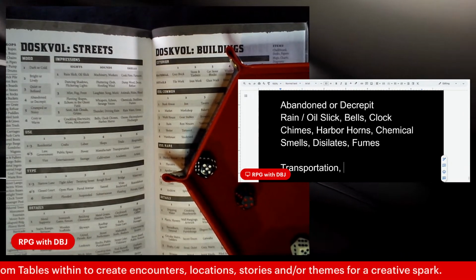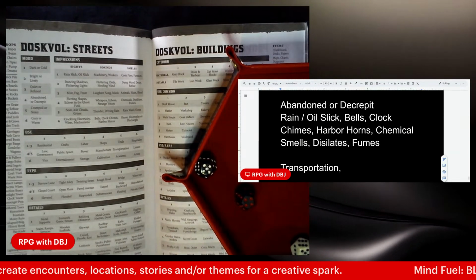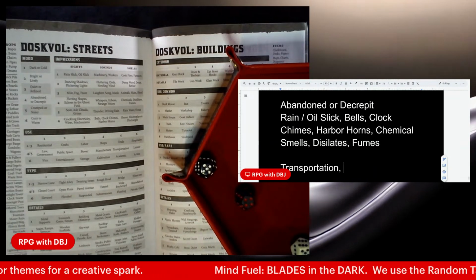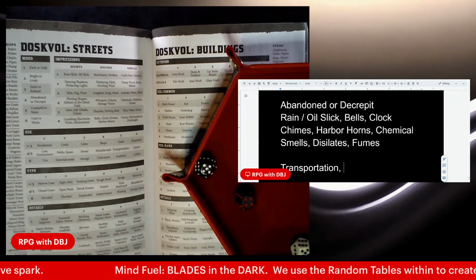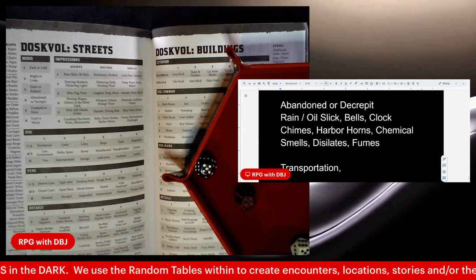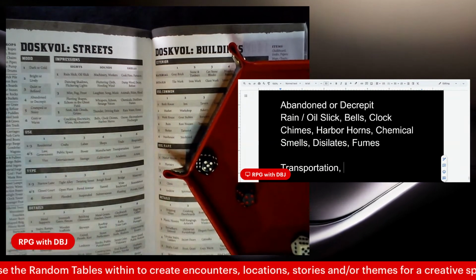Loading and unloading of ships. And mind you, it doesn't say there's ships, but I still get that flavor, right? Like even a little bit of fog or mist off of the surface of the water, things like that.